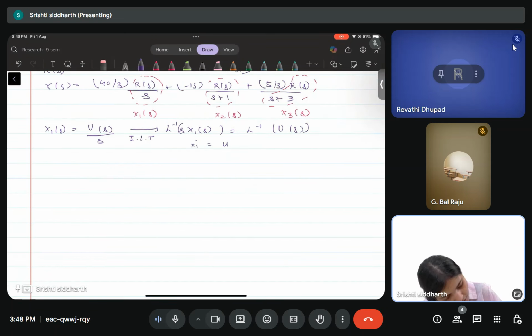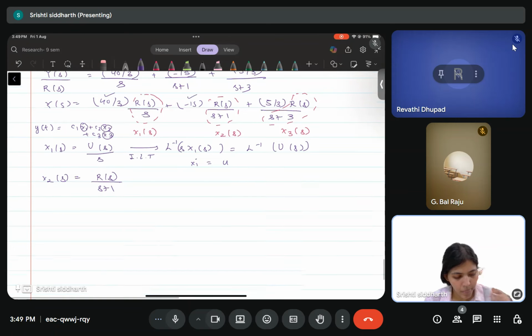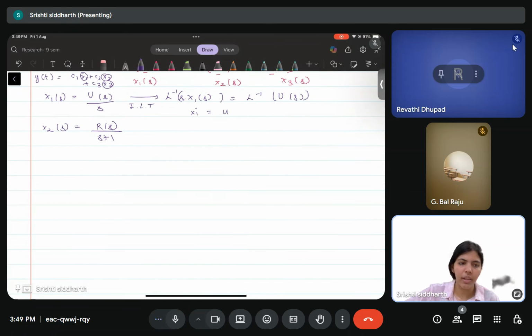Similarly, you have X2(s) equals R(s) over s plus 1. We are writing this because you already know that y(t) is c1 x1 plus c2 x2 plus c3 x3. So x1, x2, and x3 are the states which are multiplied by the coefficients c1, c2, and c3. And we just want to check if we get the same A and B matrices.